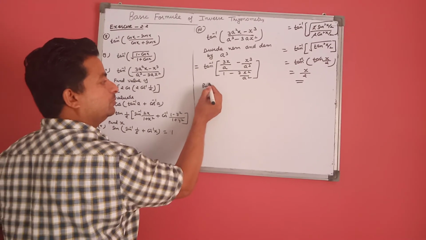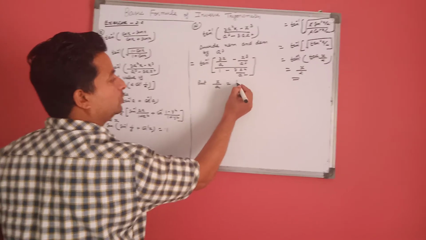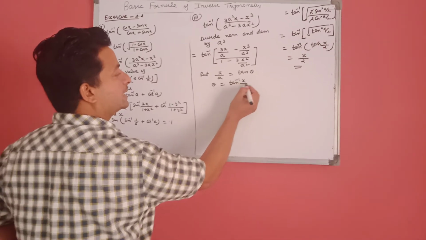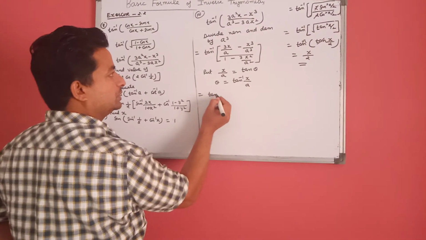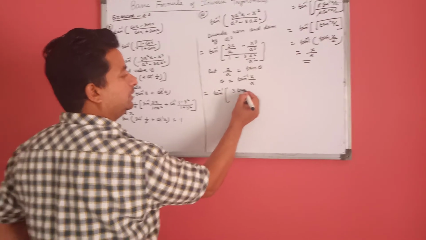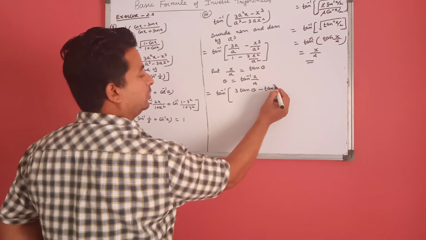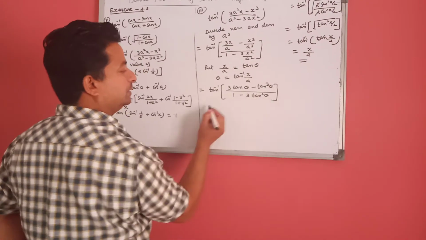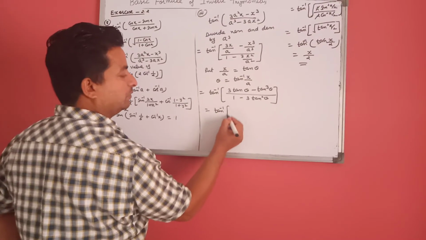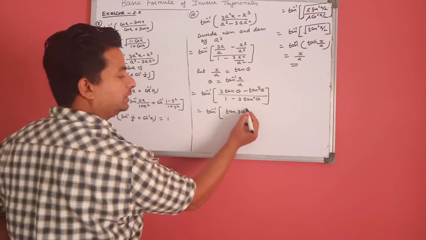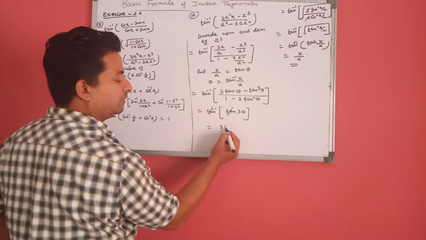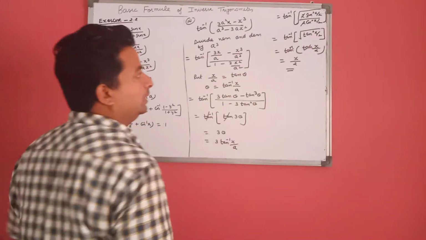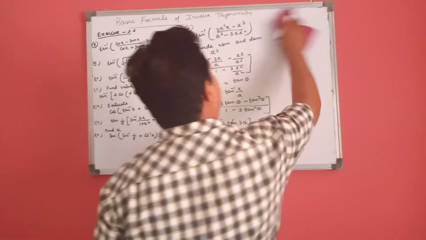To solve this, put x upon a equal to tan theta. Then we have theta is tan inverse x upon a. So the question becomes 3 tan theta minus tan cube theta over 1 minus 3 tan square theta. This becomes the formula of tan 3 theta. This cancels out. We have 3 theta, that is 3 tan inverse x upon a. This is the simplest form of this question.